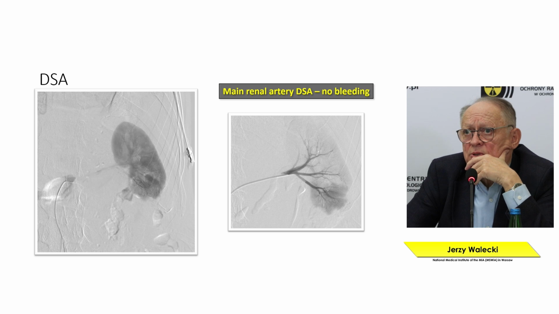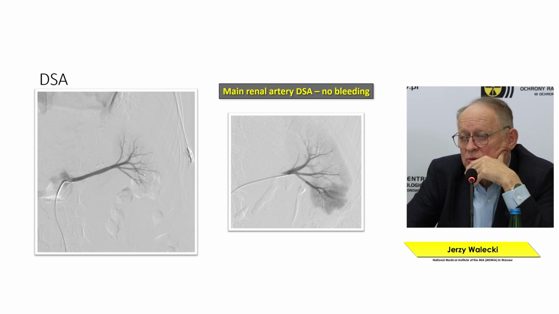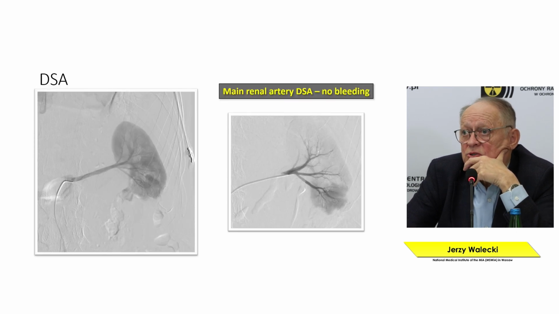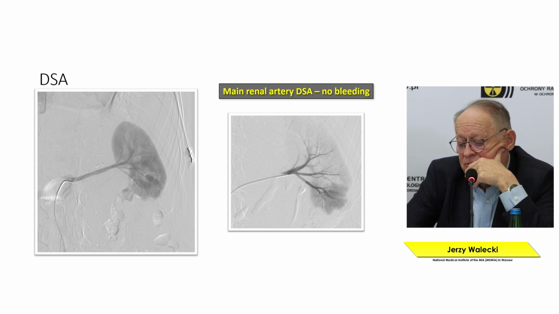It involved occlusion. Here you can see another problem. This part has been bleeding. This part was supplied. Here you can see two kidney arteries.